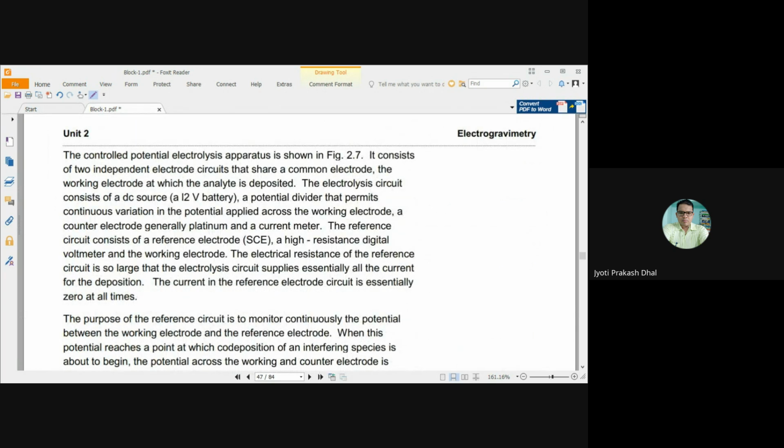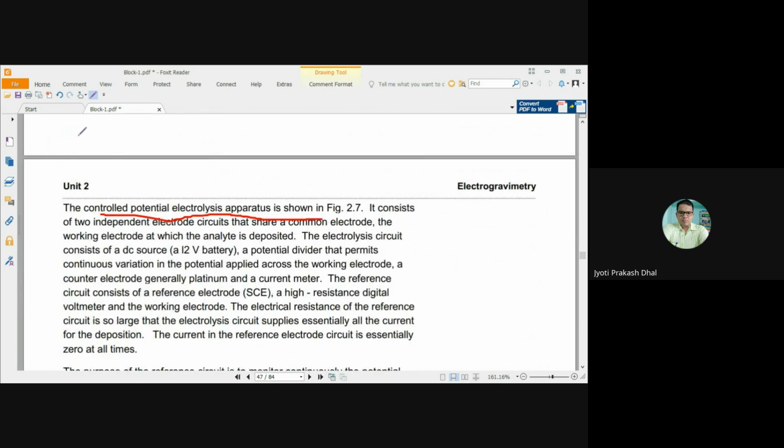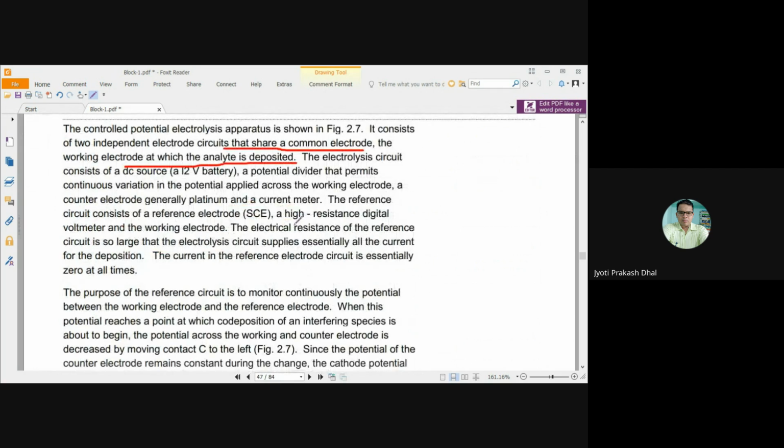The controlled potential electrolysis apparatus is shown in figure 2.7. It consists of two independent electrode circuits that share a common electrode, the working electrode at which the analyte is deposited. The electrolysis circuit consists of a DC source, a 12-volt battery, a potential divider that permits the continuous variation of potential applied across the working electrode, a counter electrode, generally a platinum electrode, and a current meter.